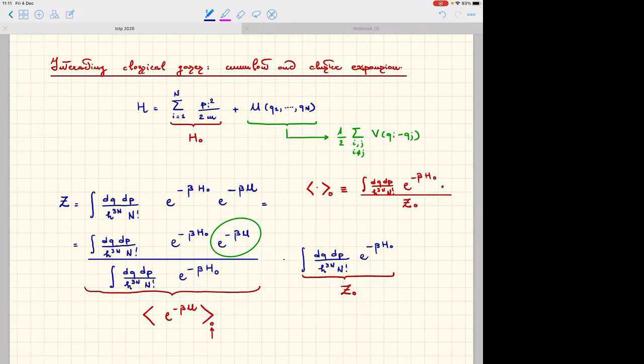Therefore, I can reinterpret this as the average of e to the minus beta U with respect to the non-interacting Hamiltonian. You agree now? Yes, I was just confused because you didn't put H naught there.